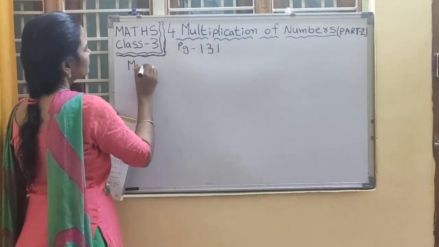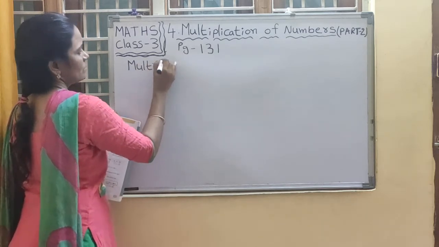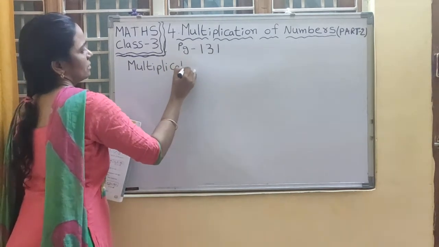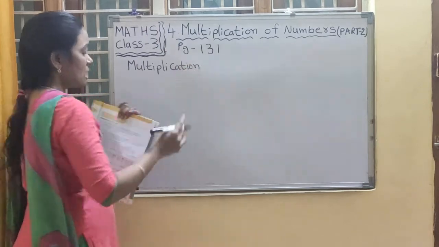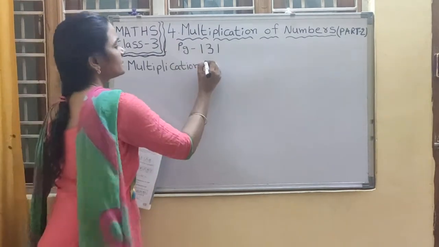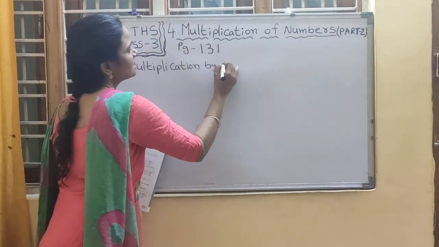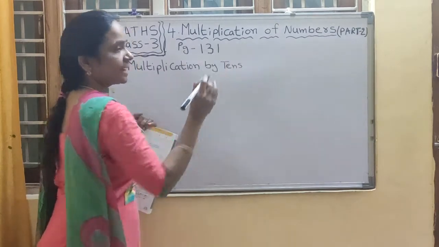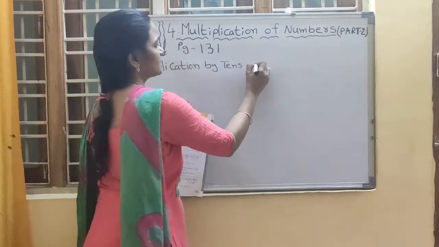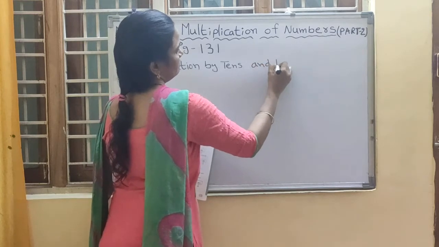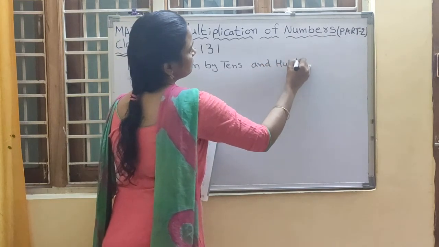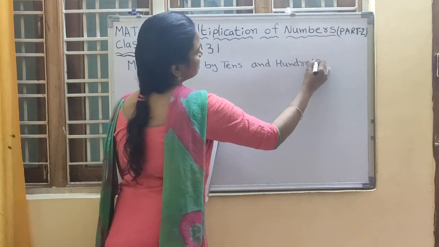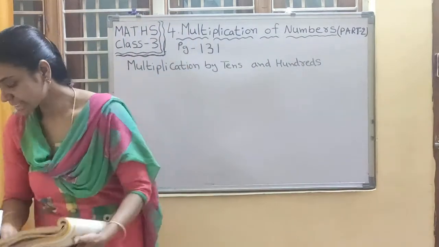Multiplication by tens and hundreds. I want to take this example now.